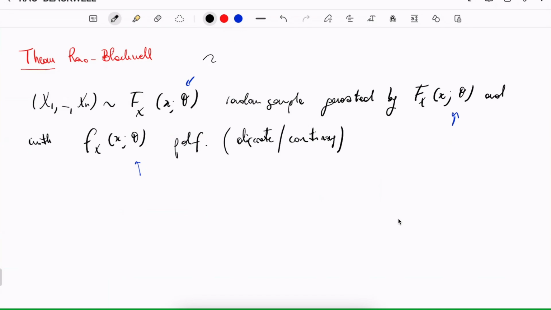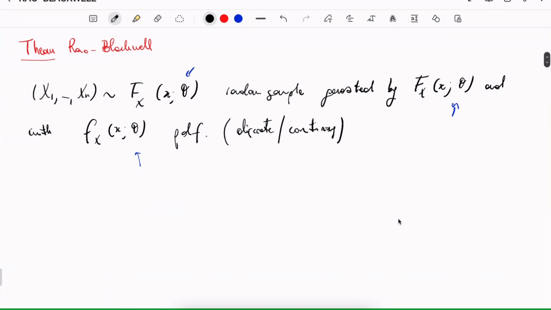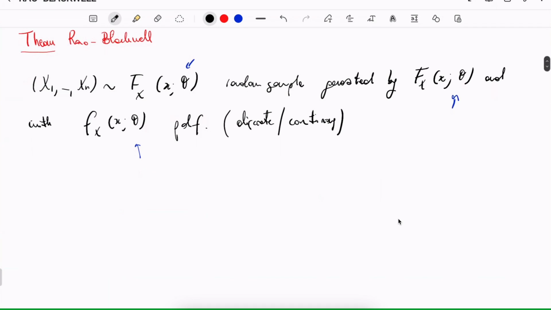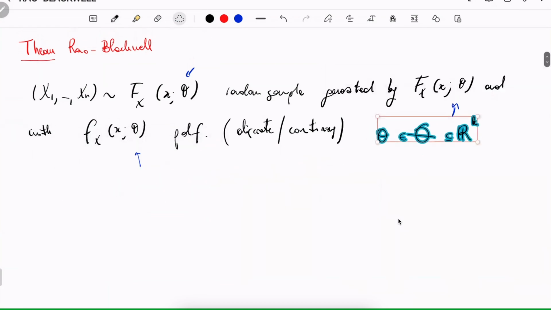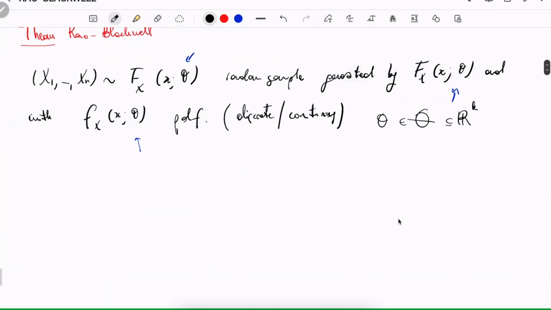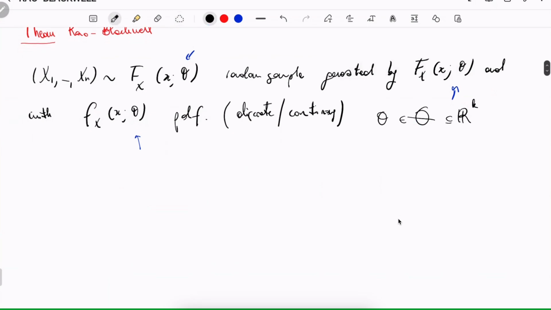So we are investigating this parameter theta, and as usual, theta can be a scalar or a vector. You can think about theta as an element in capital Theta, which is a subset of R^k. So this is the setting.